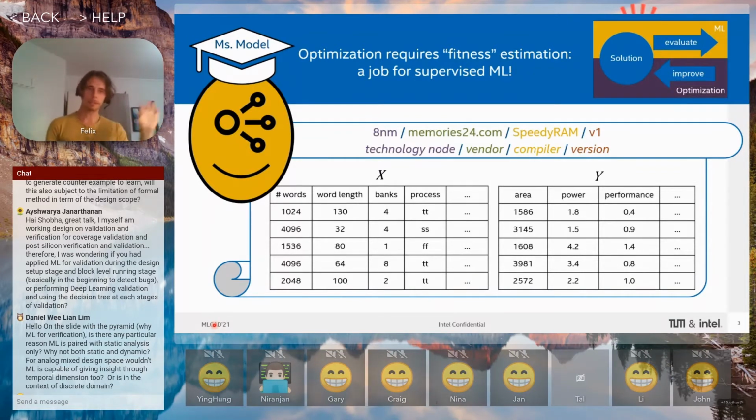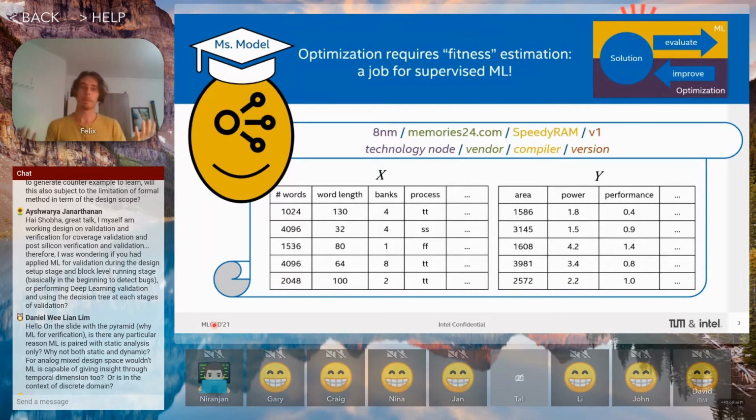Now, you can see here in the top right, the evaluation is what we use supervised machine learning for. So to compute our fitness, to compute the suitability or the PPA, in our case, of the embedded memory, that's where we bring in supervised machine learning.